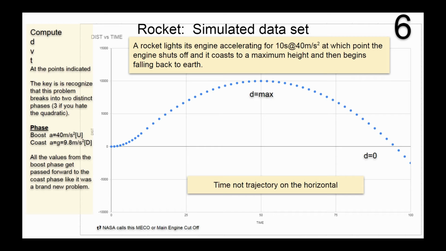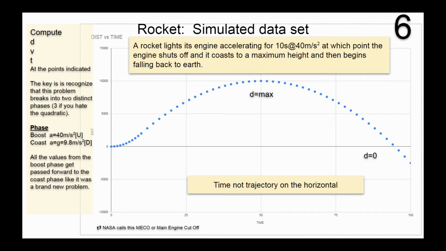We have a rocket that lights its engine and accelerates for 10 seconds at 40 meters per second squared, at which point the engine shuts off and it coasts to a maximum height and then begins falling back to Earth. This plot is showing height against time.